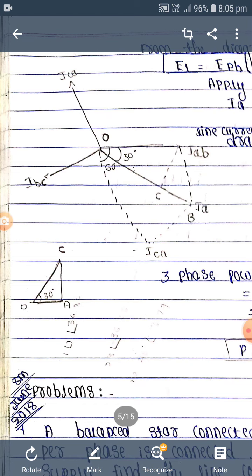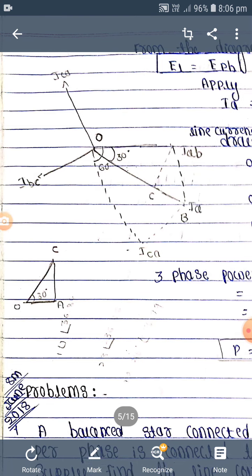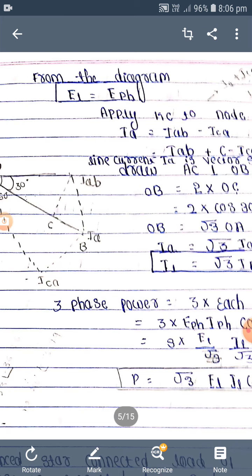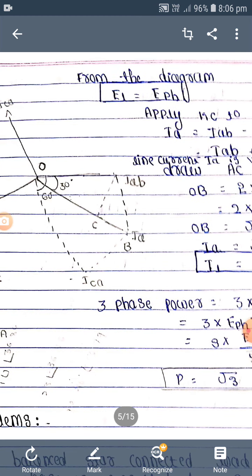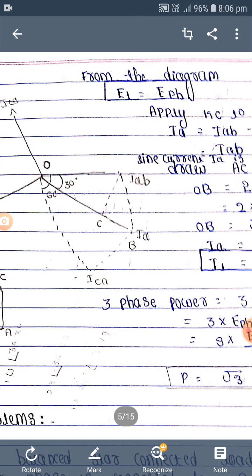Then you have to represent the phase waveforms here. IAB, IBC, ICA each will have 120 degree phase difference. Now IA current is the vector sum of two phase currents, that is IAB and minus ICA. Extend ICA in the other direction, then it becomes minus ICA. Now construct the parallelogram between minus ICA and IAB, then draw a perpendicular OC to OB.